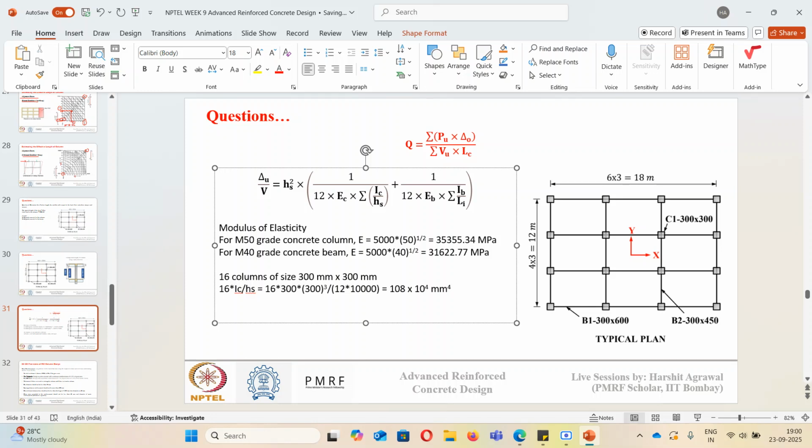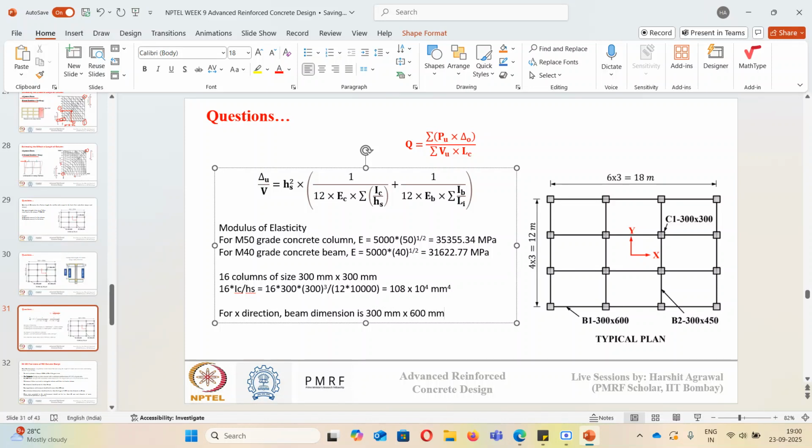Now for beams, the column value is the same in both x direction and y direction because column dimensions are the same. But for beams in both x direction and y direction, the IB value will change. So for x direction, the beam dimension is 300 cross 600.